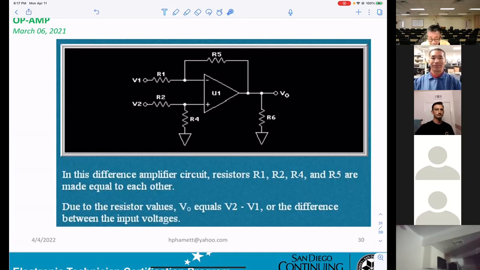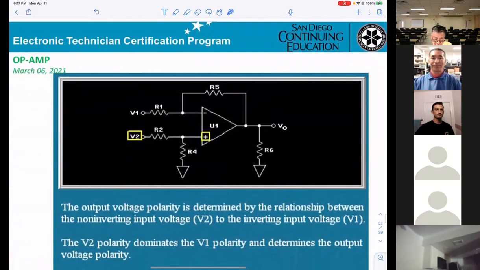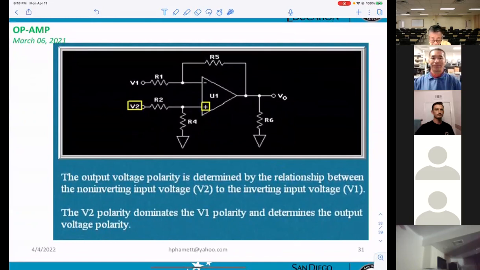VL equals VS positive minus VS negative, or the difference between the input voltage, okay? The output voltage polarity is determined by the relation between the non-inverting input voltage and the inverting.